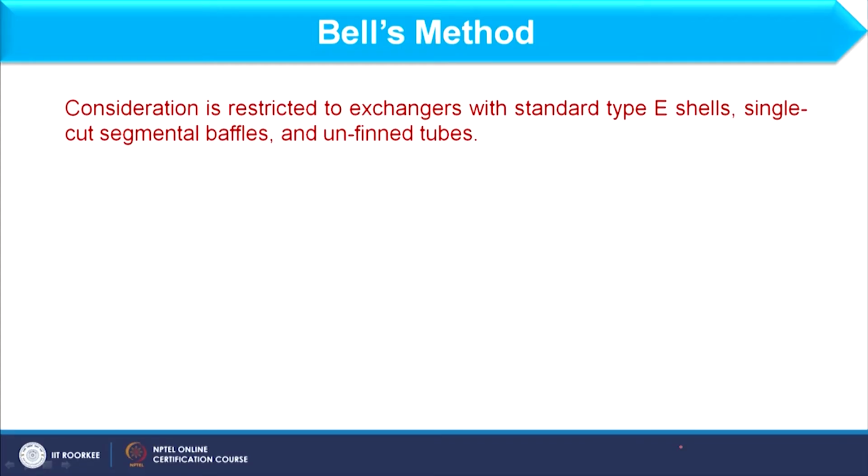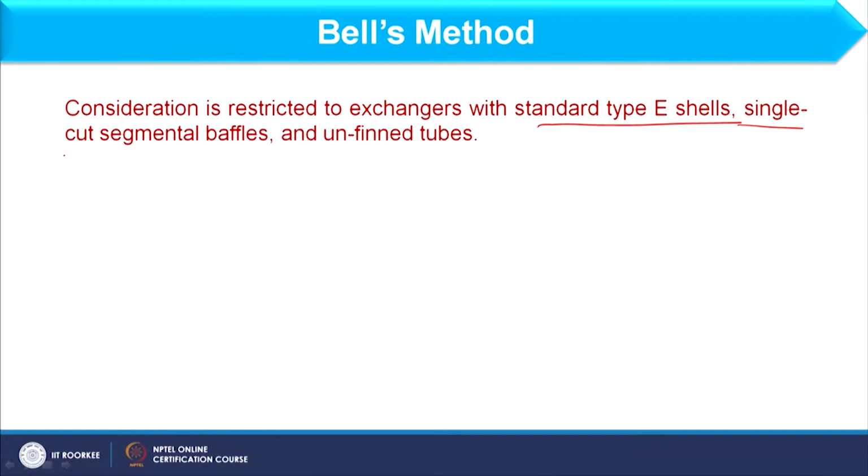And as far as Bell's method is concerned, in this case we consider E shell, that is the simplest type of shell. E shell, I hope you remember, we have discussed all shell arrangements in the topic where shell is discussed in detail, that is before Kern's method design.